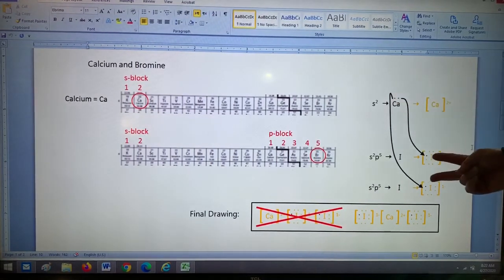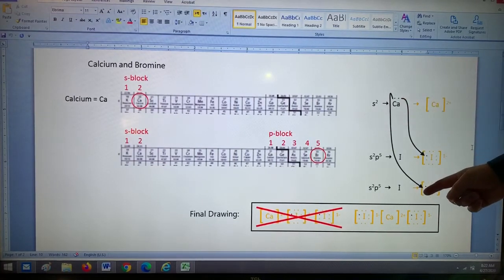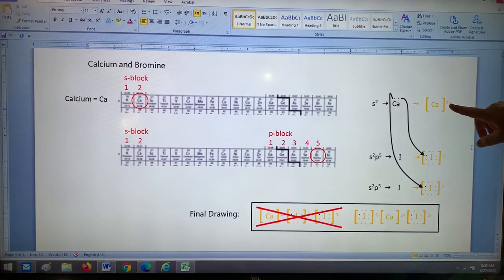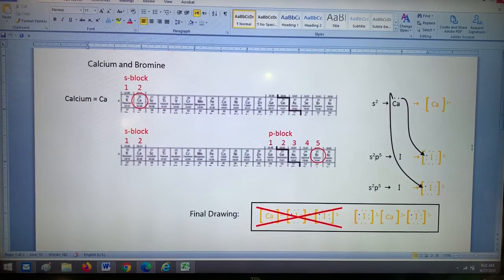I needed to have 2 of them in order to get both dots to have a place to go. So when this calcium loses its 2 dots, it's going to acquire a charge of 2 plus. And then when these two guys here pick up this 1 dot here and that 1 dot there, they're going to acquire a charge of 1 minus.